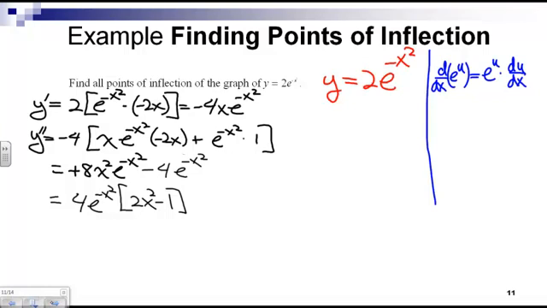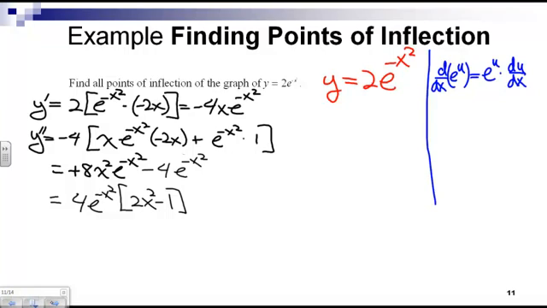Now, let me tell you why I want to do that. When I get these e to the x's, it's really important, if you can, to factor all of them out, because one of the things we're going to try to do is say when does the sign on the second derivative change? When does it go from concave up to concave down?